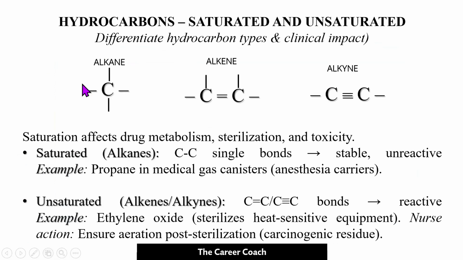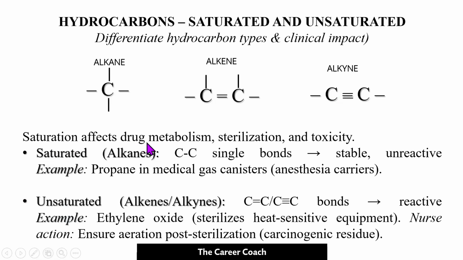The first compound we have here is an alkane. An alkane is saturated because it has single bonds. An alkene is unsaturated because it has double bonds. The same goes for your alkynes.